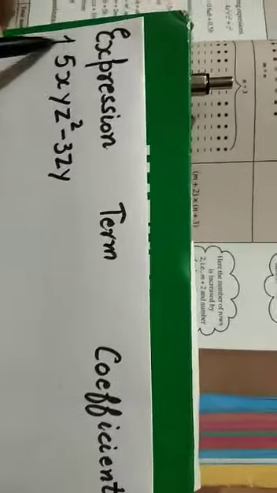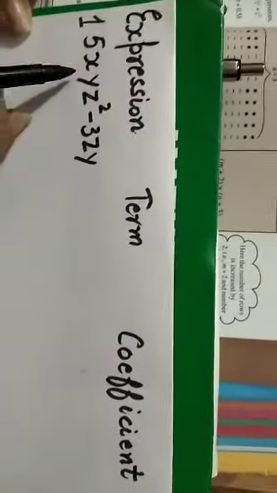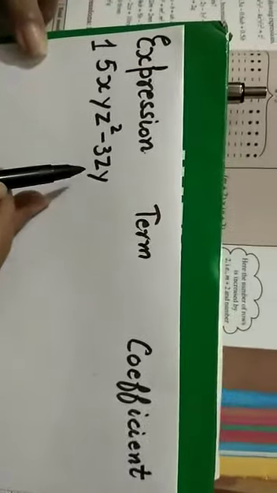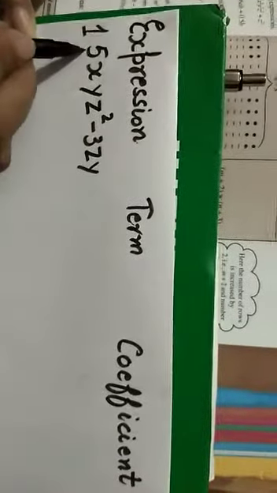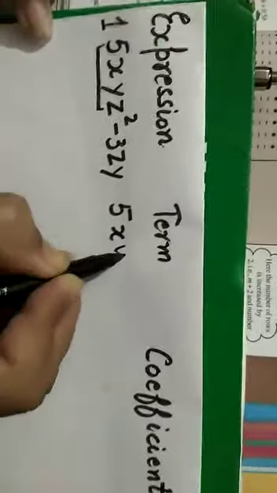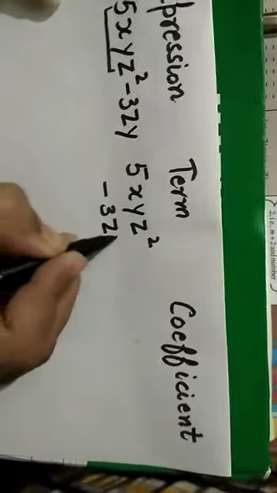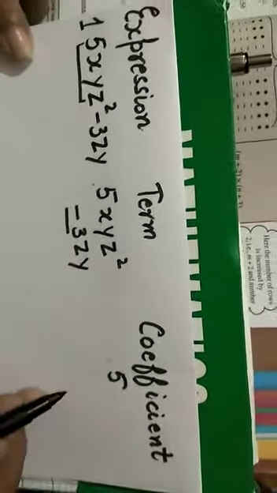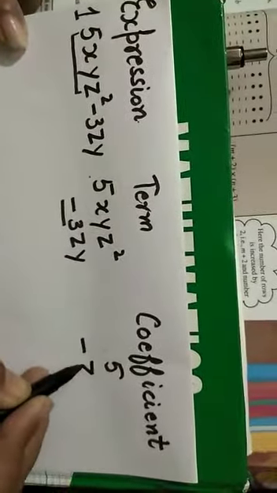Now, the first we have here 5xyz square minus 3zy. So there are two terms. First we have 5xyz square and second term we have minus 3zy. Now the numeric coefficient of the first term is 5 and the numeric coefficient of the second term we have minus 3.